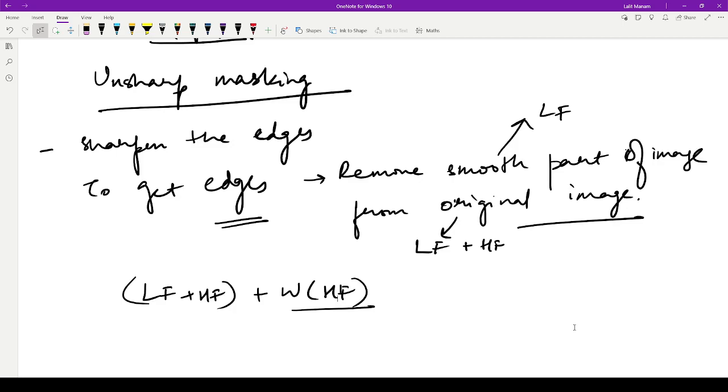So that's the core idea, and then there are other equivalent ways to do it. There were compass masks, defined to get the derivatives in other directions as well. But that's how edge detection was done.